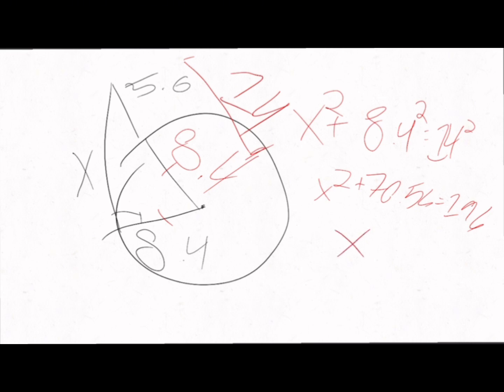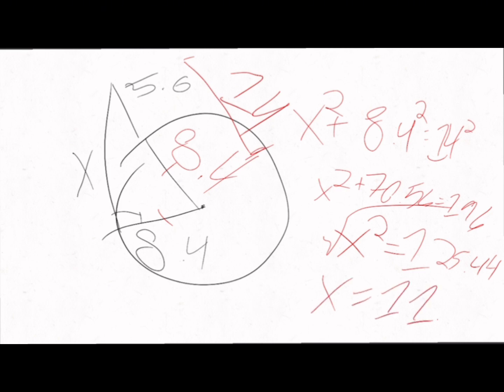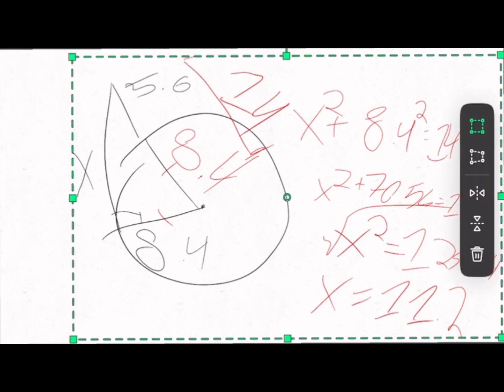Subtract 70.56 from 196, and you get 125.44. I square root that. And that would mean that your x is equivalent to 11.2. Everybody cool with that? Okay.